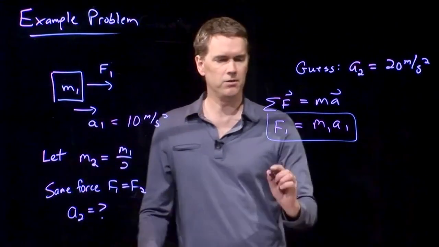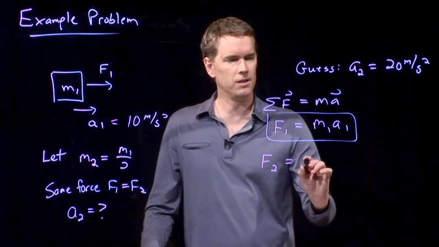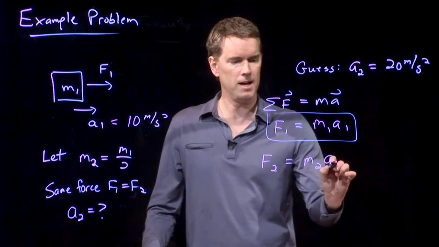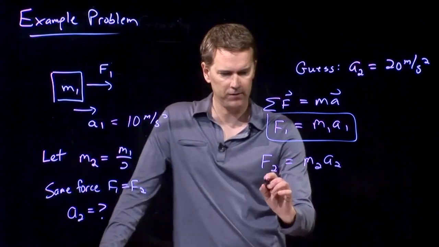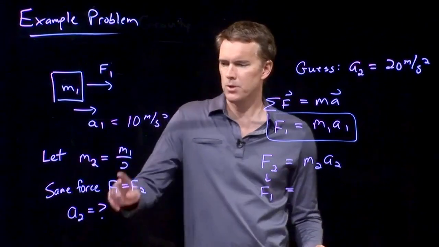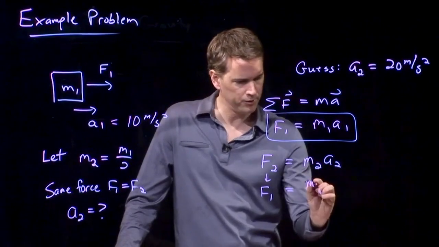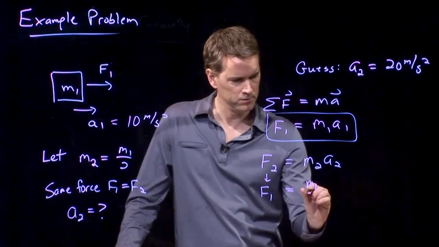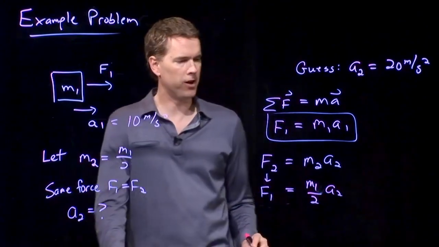In the second case, now we have F2 is equal to M2 A2, but I know what some of these things are. This is the same as F1. M2 is the same as M1 over 2.